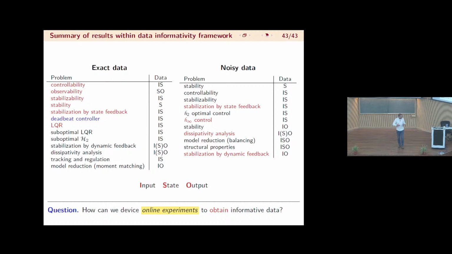To complete these results to an equally perfect theory of data-based control, one needs to say how we can obtain informative data, given a control problem.